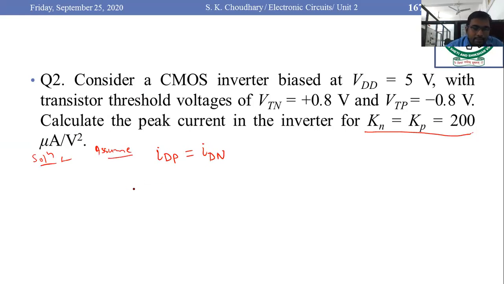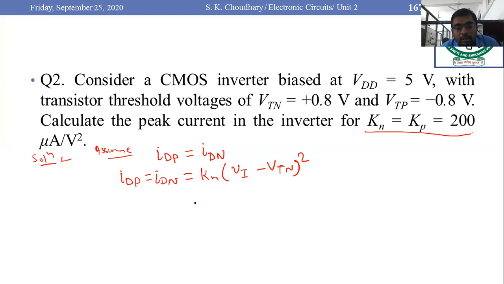So in this case, IDP is equal to IDN. You can write the formula in terms of NMOS transistor or in terms of PMOS. I have written in terms of NMOS transistor. If you write the equation of the saturation current for the PMOS, that will be Kp (VDD minus VTP and Vi). Okay. So either of the formulas you can mention.